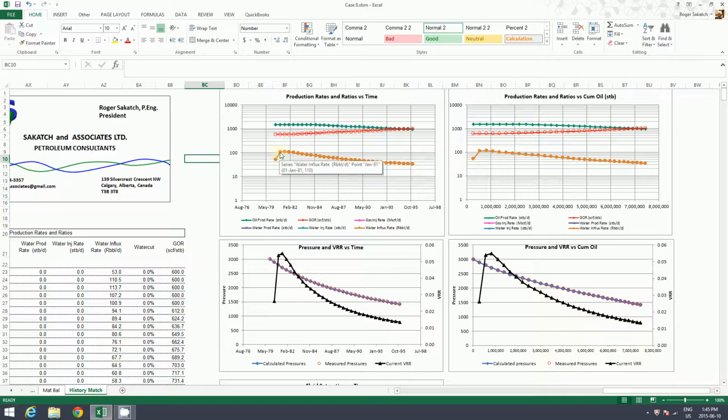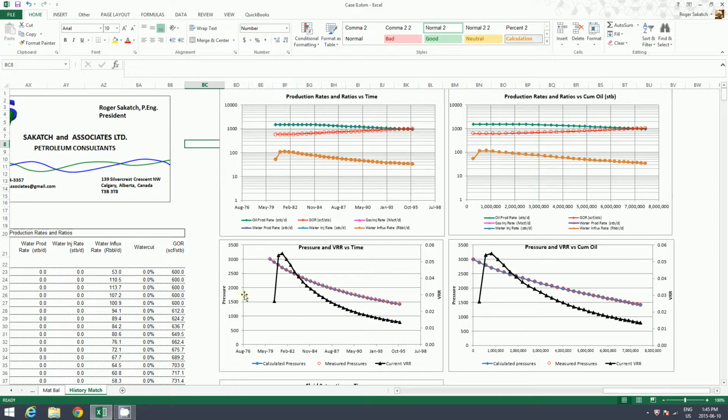So consequently, the amount of aquifer influx that we're seeing into the reservoir is in the order of 100 barrels a day, and then declining down as pressures diminish. Contrast that with the 1,500 barrels a day of oil production, and we are seeing some pressure support from the aquifer, but not a huge amount. It's not a great quality aquifer in this case.